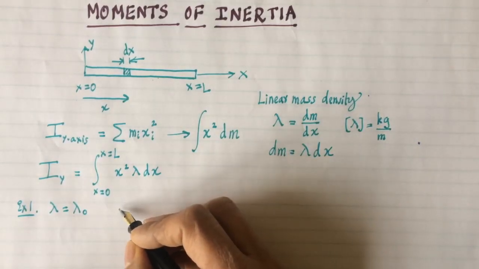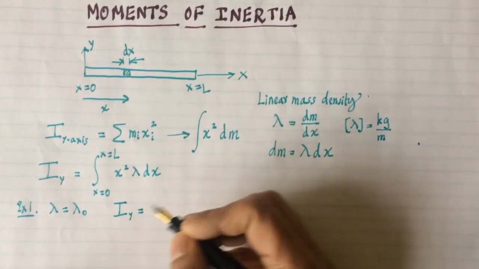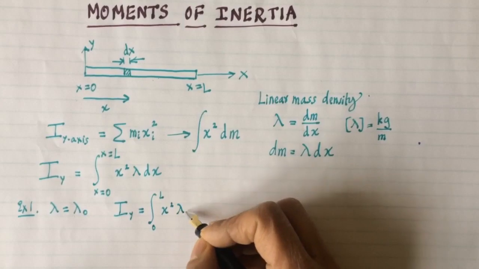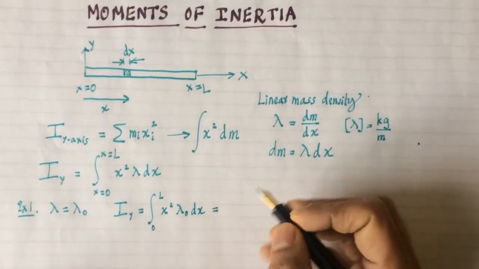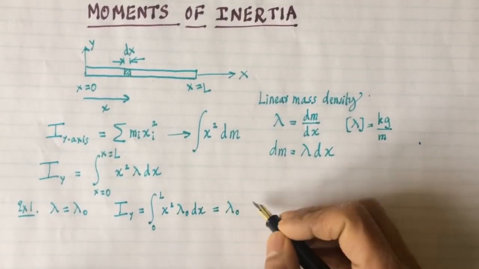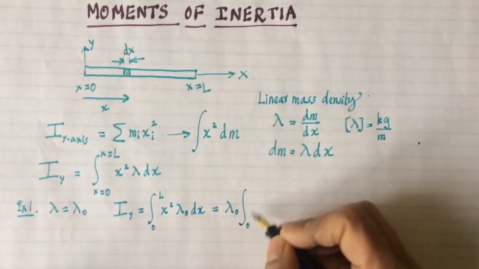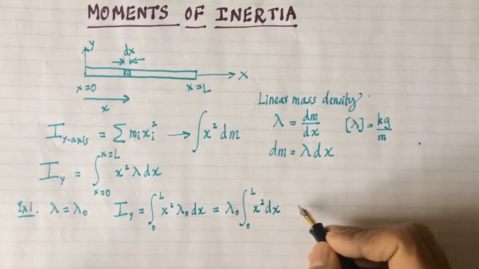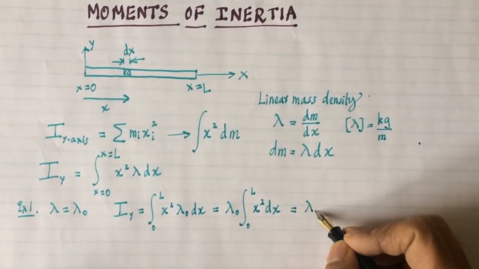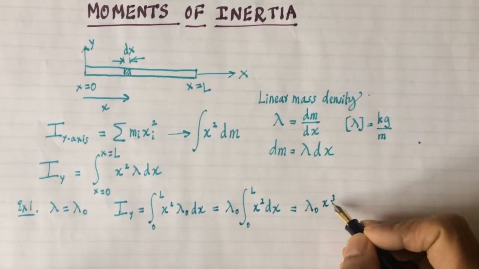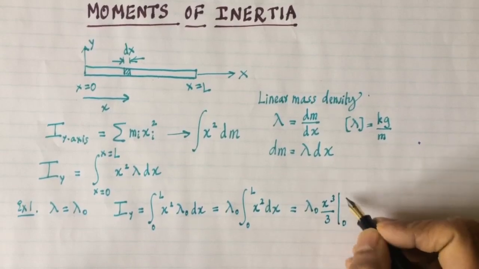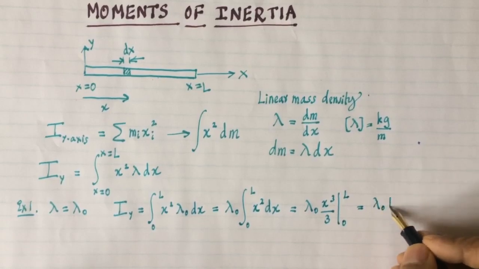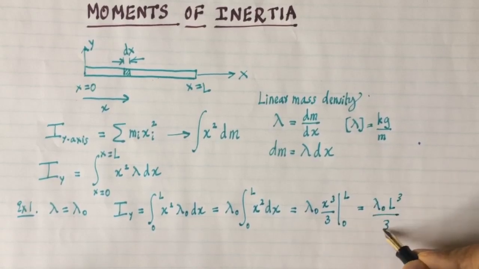If you do this, then the moment of inertia about the y-axis is going to be integral 0 to L x squared lambda naught dx, and you'll take the lambda naught outside since it's a constant. Integrate, and the result is lambda naught L cubed over 3.